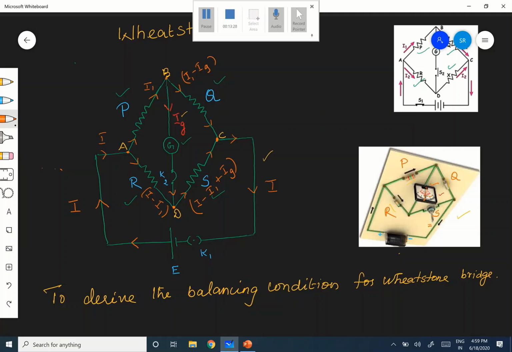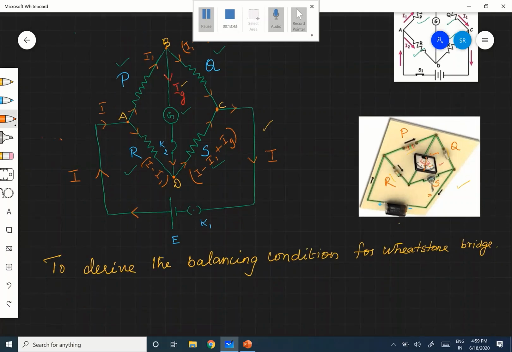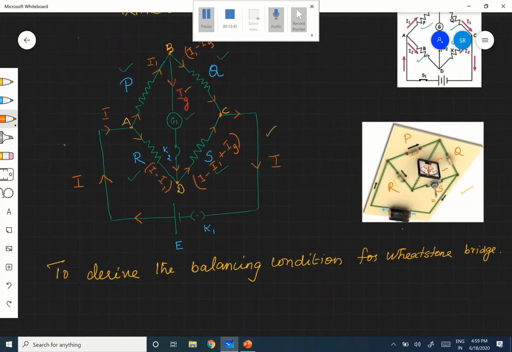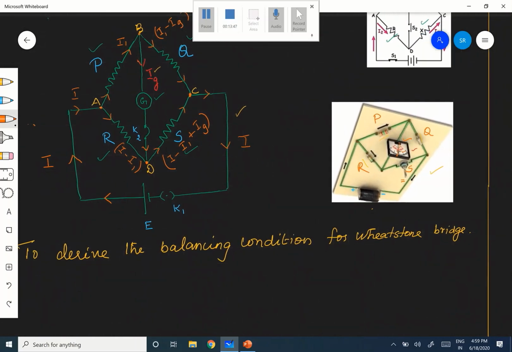Is it clear? Hope you are following how to distribute the current in different branches by using Kirchhoff's first rule, the junction rule. Now we are going for deriving the balancing condition.